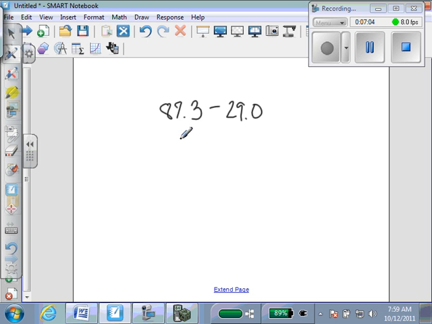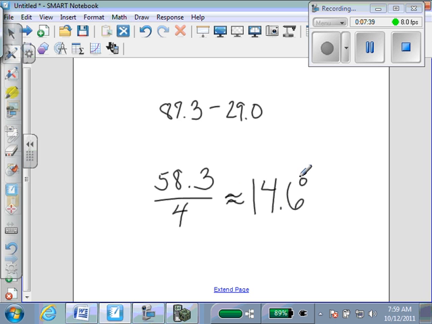I subtract these: 87.3 minus 29.0, getting 58.3 degrees. And I divide this by 4. I would get 14.6 approximately on the rounding. So about 14.6 degrees is the standard deviation.